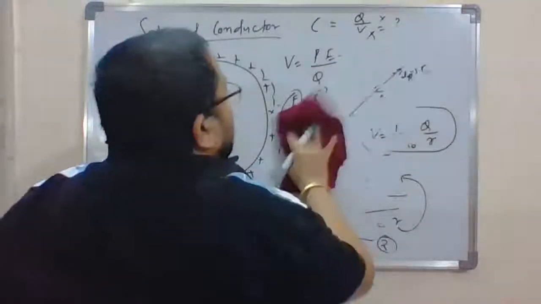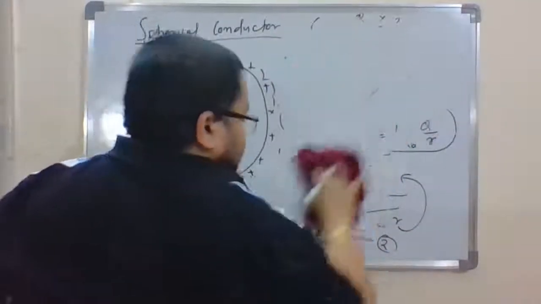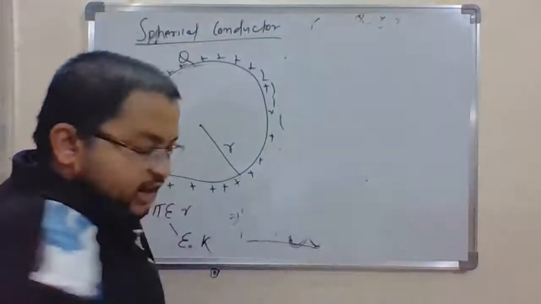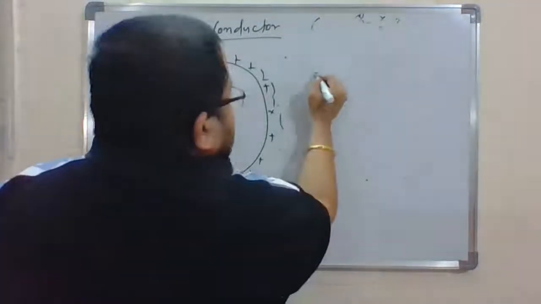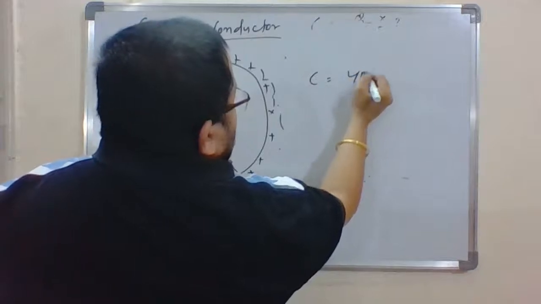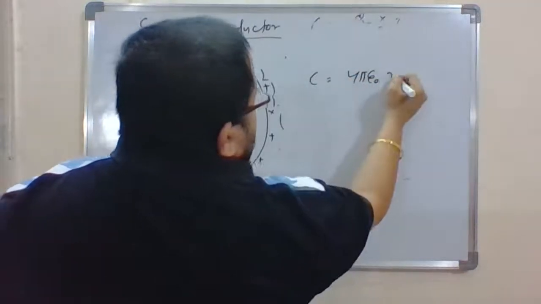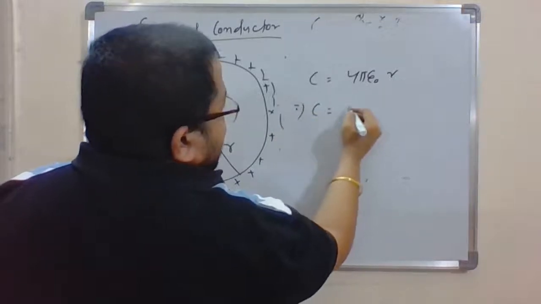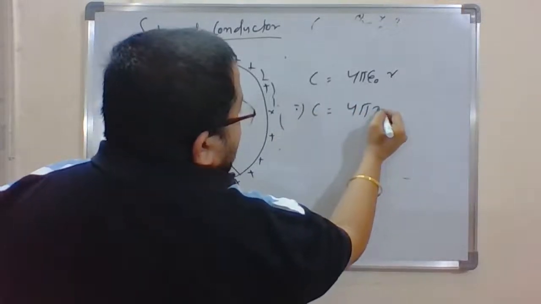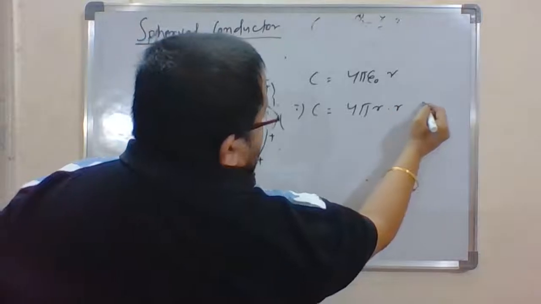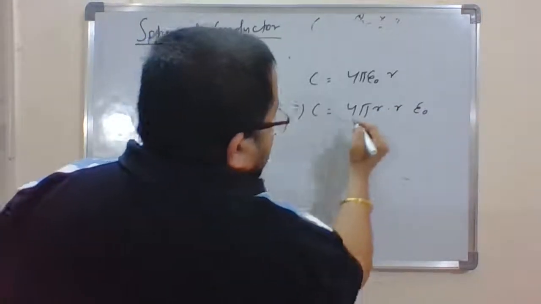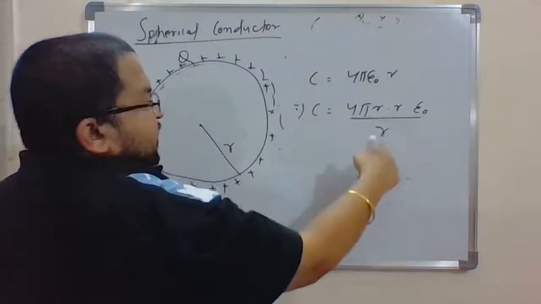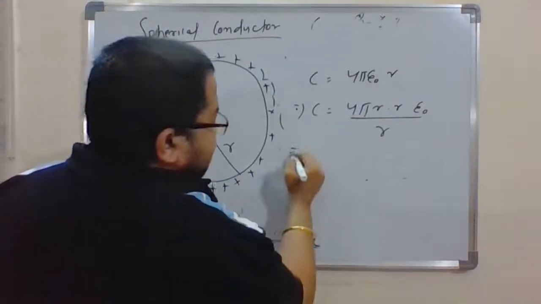Now, if we want to slightly change it, can I say C equals 4 pi r into r times epsilon naught, and I am multiplying one r in the numerator and denominator, so nothing changes.